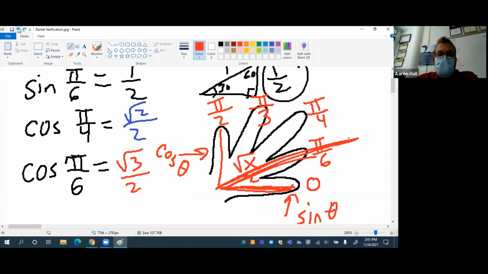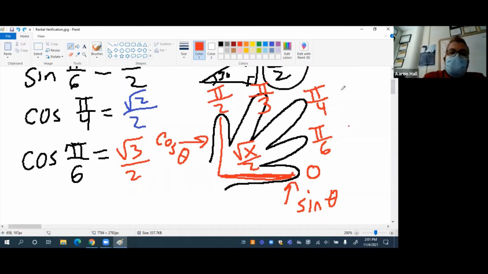We're trying to figure out what cosine of pi over 6 is, so we count from the cosine direction, from the thumb direction. I have 3 fingers up. Plug that into our formula here, the square root of 3 over 2. That gives us our answer. All right, what if I'm trying to find sine of pi over 3?